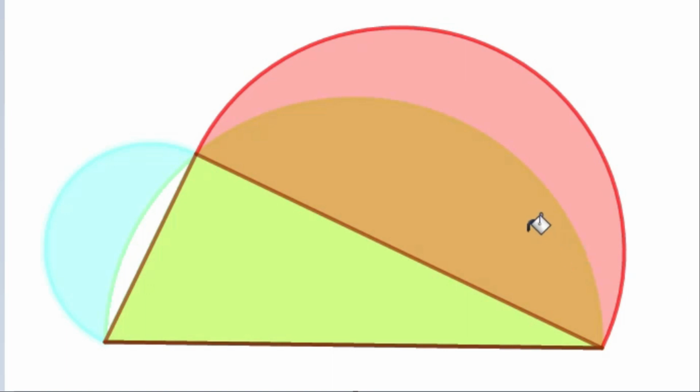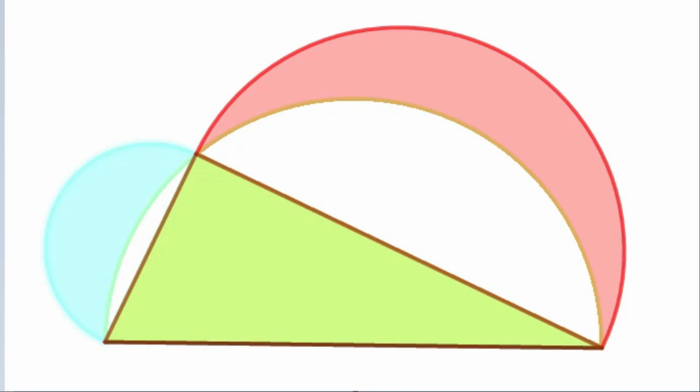Similarly, let me remove this part from the red semicircle. Then we got the red crescent. At the same time, a part from the large semicircle is also removed. That means the portion removed from these two semicircles is also removed from the large semicircle.